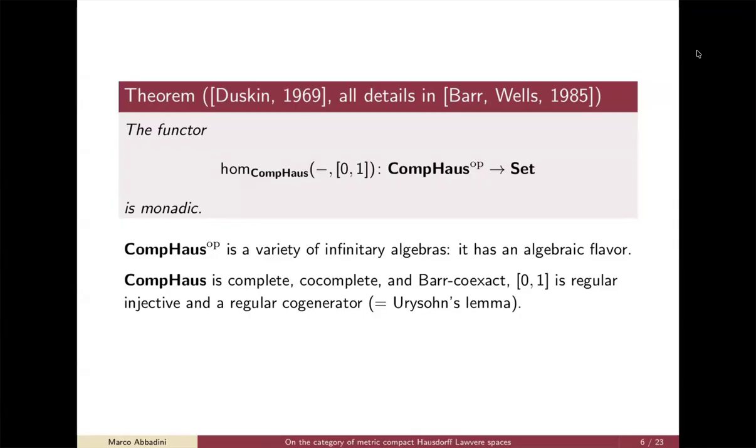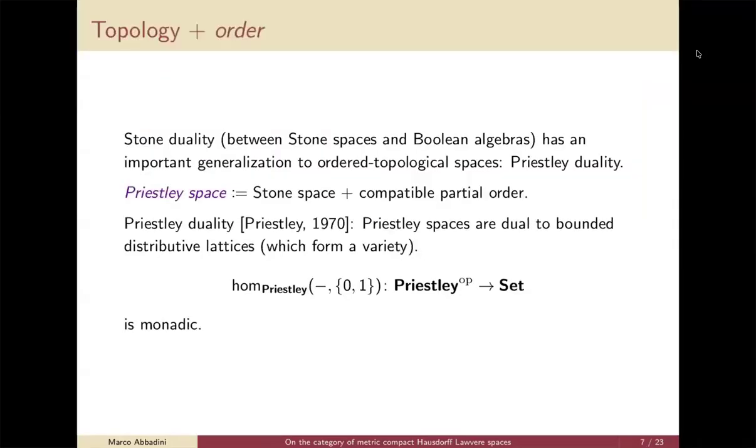Okay, so from these proceedings in our historical overview, one can add order. So Stone duality has an important generalization to the order setting, which is called Priestley duality. Priestley duality is a duality between, on one side, bounded distributive lattices, which are important in the algebraic treatment of logic, and on the other side, Priestley spaces, which are Stone spaces equipped with a partial order satisfying certain properties.